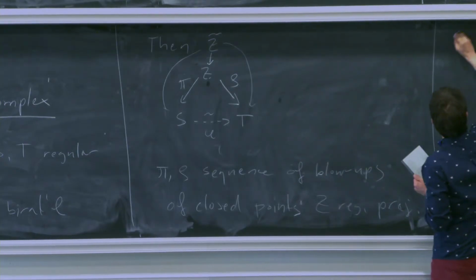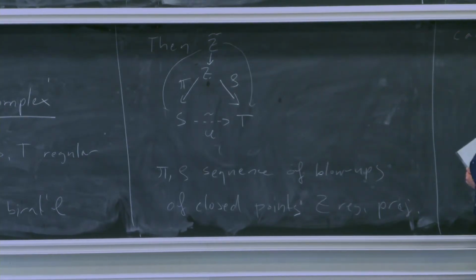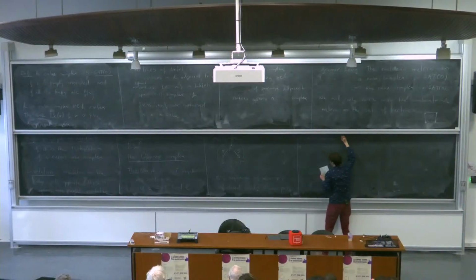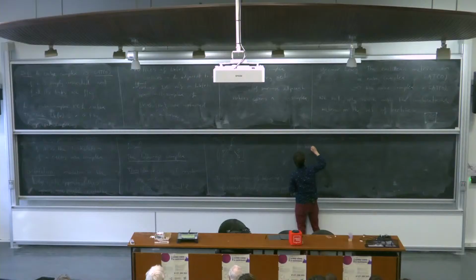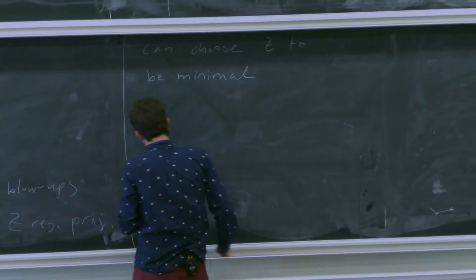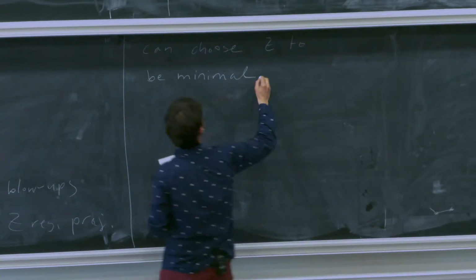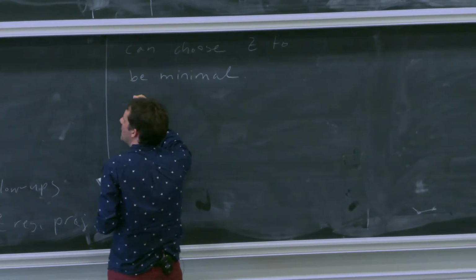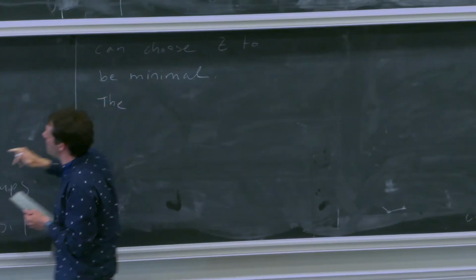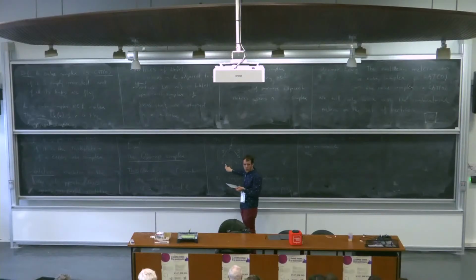So choose Z to be minimal, and then the points that are blown up here by pi, these are exactly the indeterminacy points we've seen before, and the indeterminacy points can be infinitely many here, but we blow them all up.